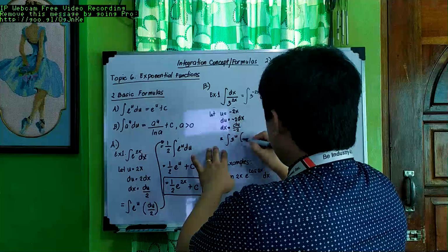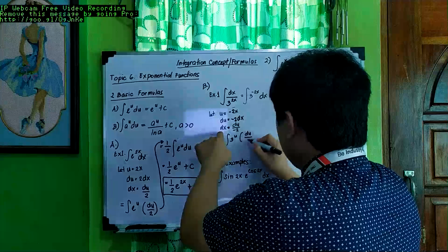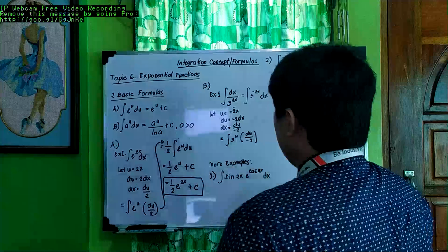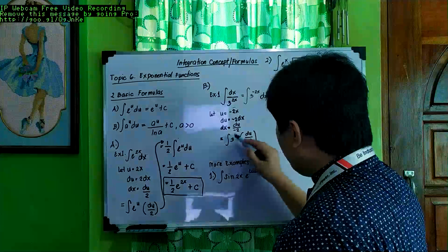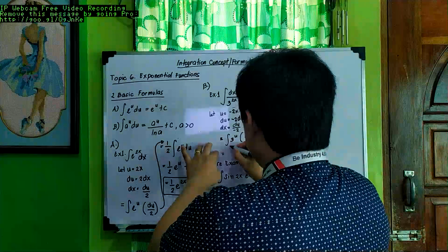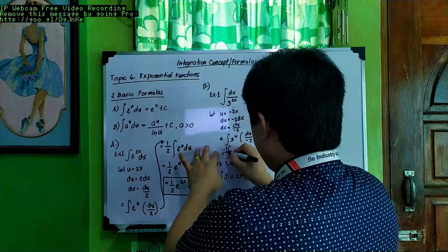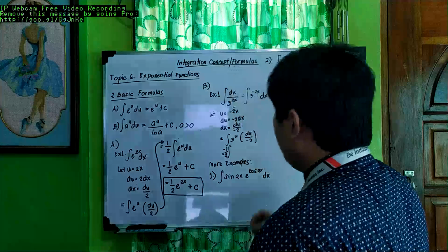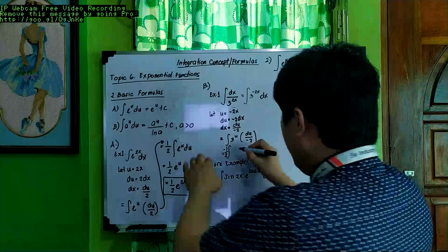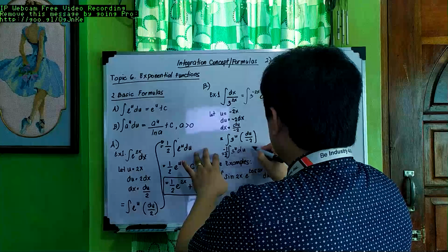Okay? And our dx is du over negative 2. We cannot move the 3 outside because you have a variable there. So therefore, you will have negative 1/2, and then you have 3^u du.